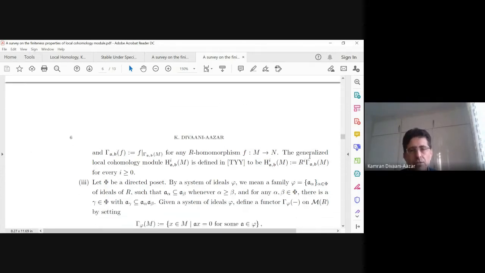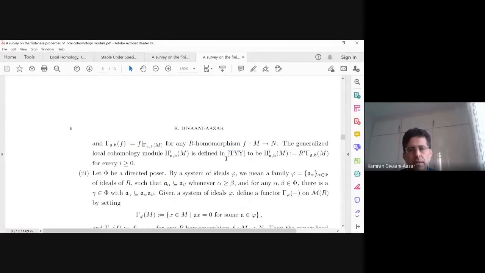Then the generalized local cohomology module H_{A,B}^i(M) is defined as the ith right derived functor of this functor Gamma_{A,B}, and this definition is originally due to Takahashi, Yoshizawa, and Yoshino.